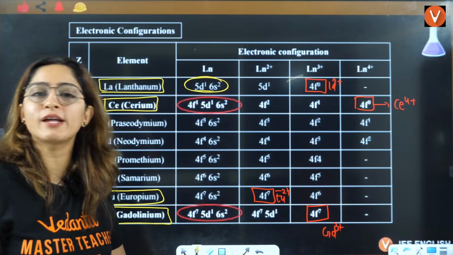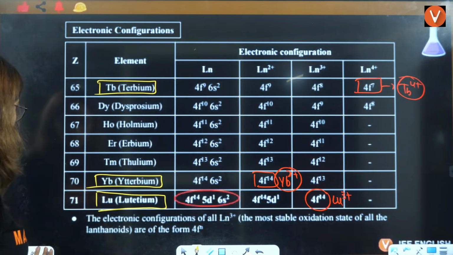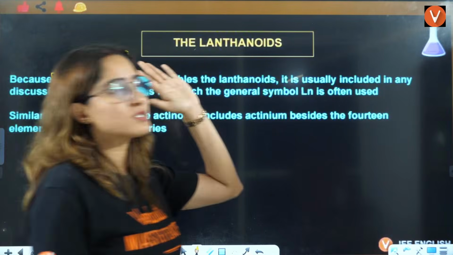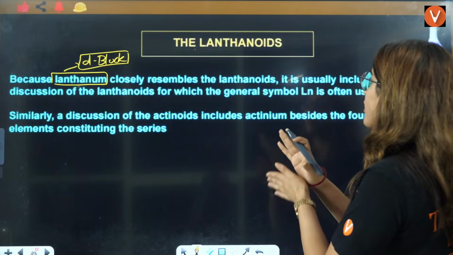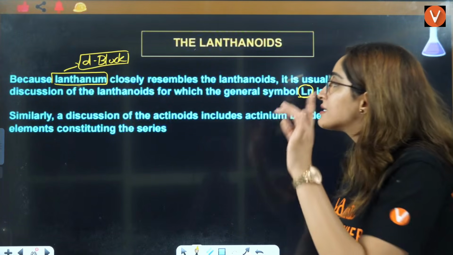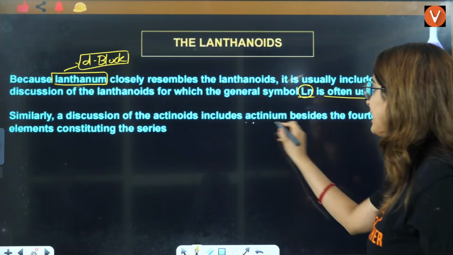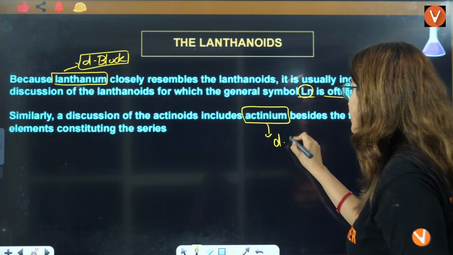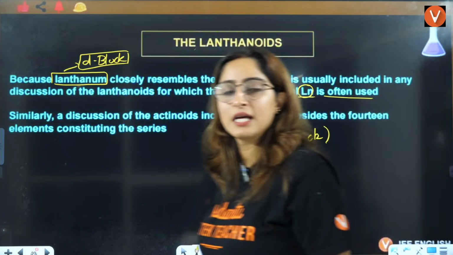That's why it is not in F block, right? It is a D block element which is included because the series goes like the lanthanoid series. It is usually included in any discussion of lanthanoids, for which the general symbol Ln is often used. Similarly, a discussion of the actinoids includes actinium, but actinium also belongs to D block, right?